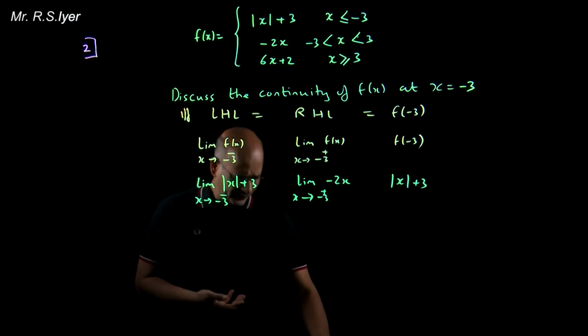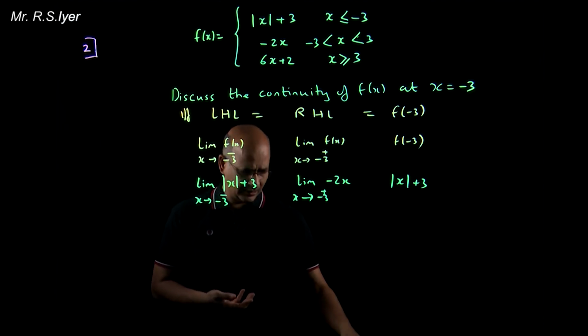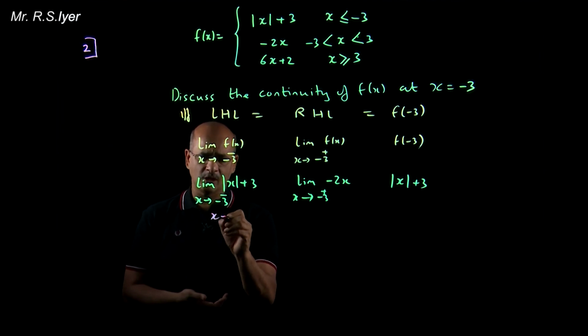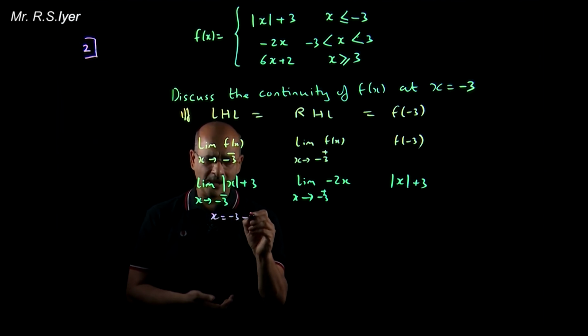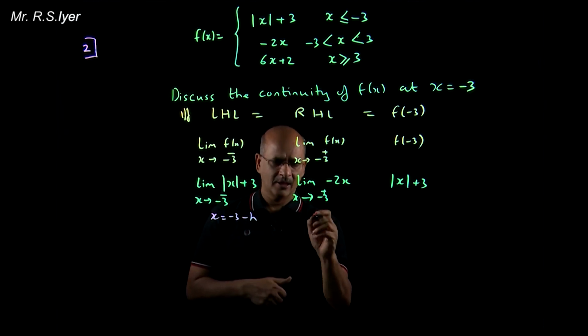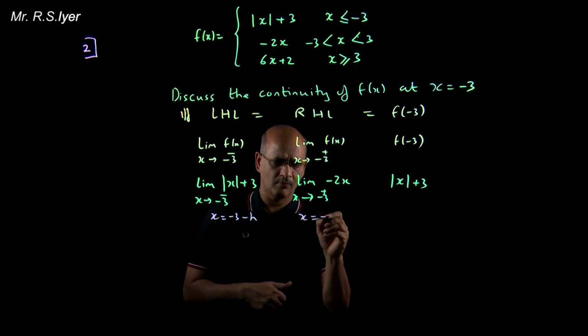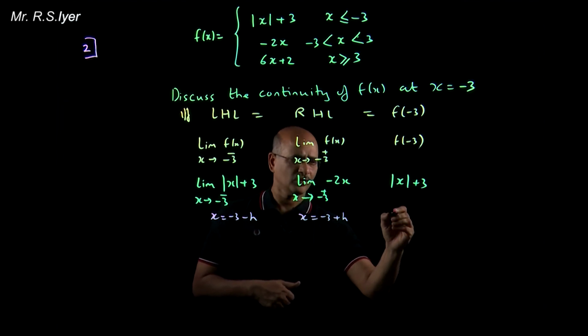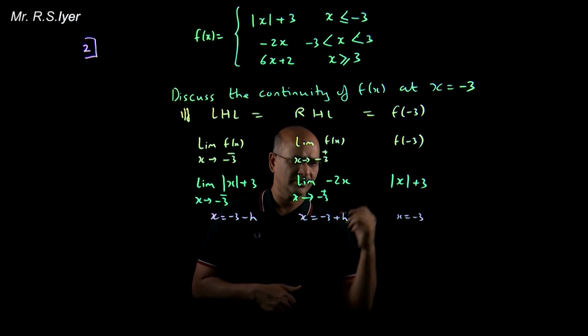So what I am going to do is use some substitution here. Left of -3, let x be equal to -3 minus h. Similarly, here I can say x equals -3 plus h, and this is at x equals -3, so you can just write down at x equals -3.